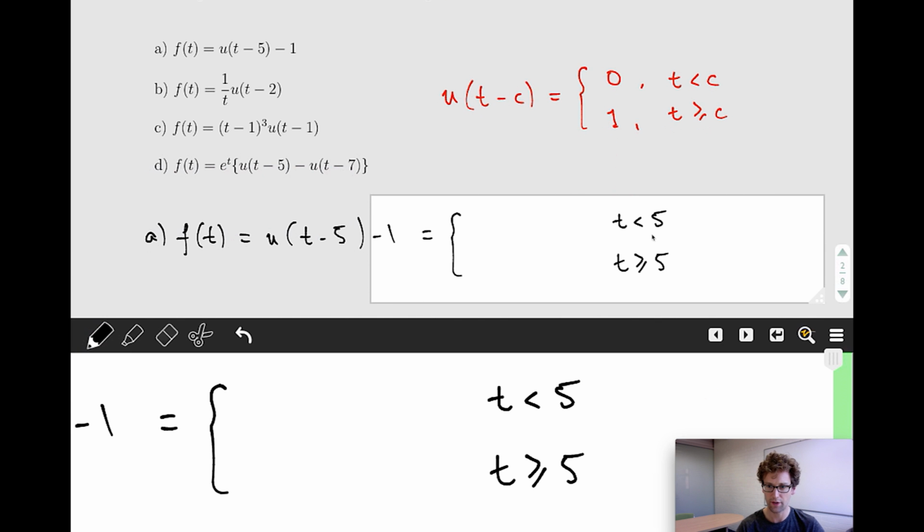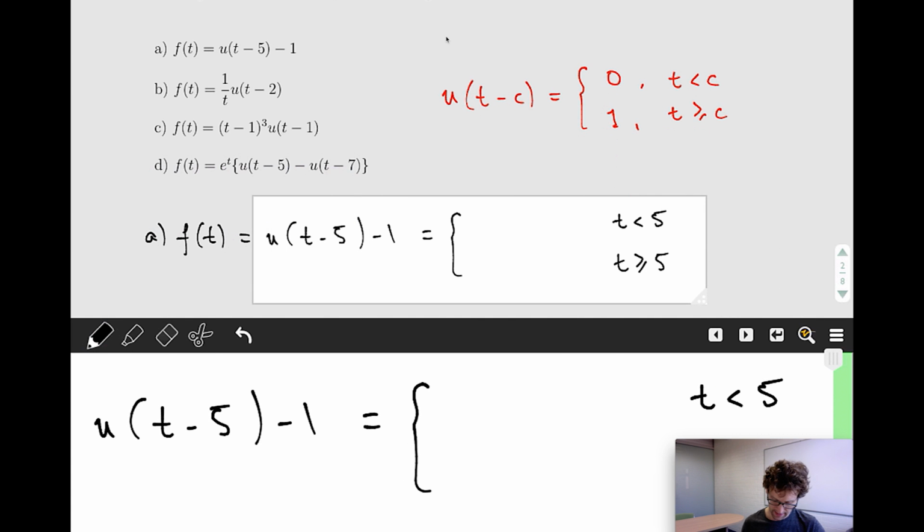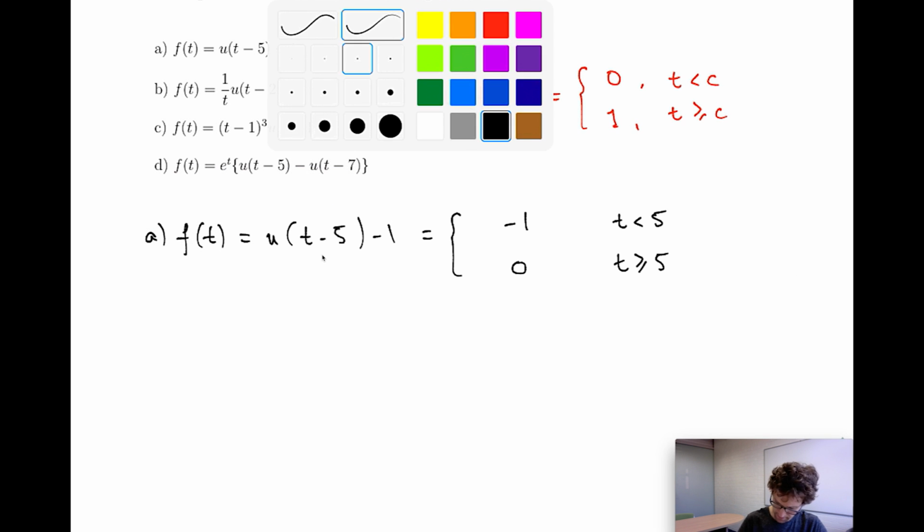And again, note here that the less than and the greater than or equal to matches our definition that we are using in this course for the Heaviside function. So for values of t less than 5, this Heaviside is going to be 0, which means we have 0 minus 1, a value of minus 1. While for values of t greater than or equal to 5, our Heaviside will be 1, we'll have 1 minus 1, which is 0. So now we're ready to sketch this.